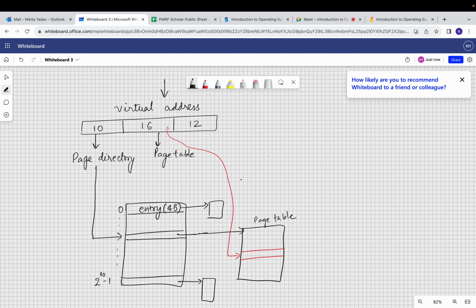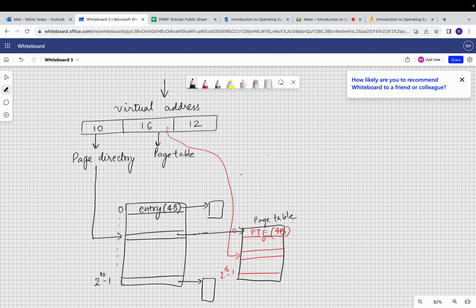Since 16 bits are used, there are 0 to 2 to power 16 minus 1 entries in this page table, where every entry is called a page table entry, PTE, which stands for page table entry. Every page table entry is of 4 bytes.